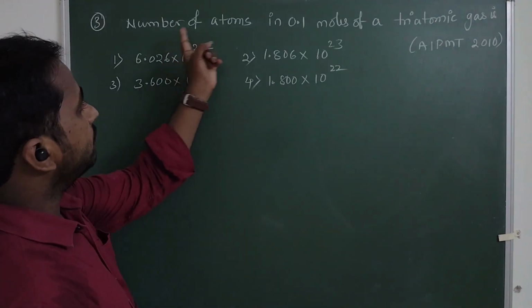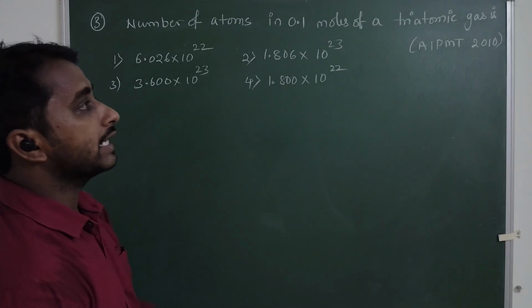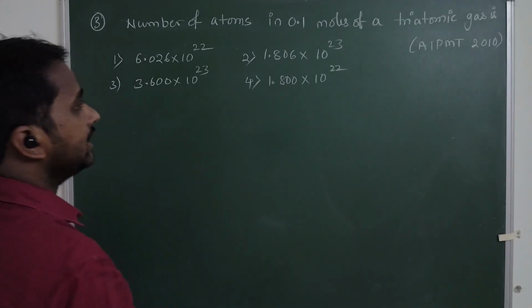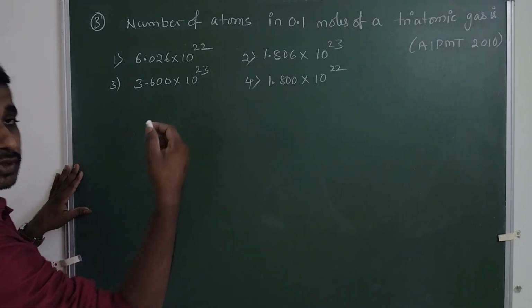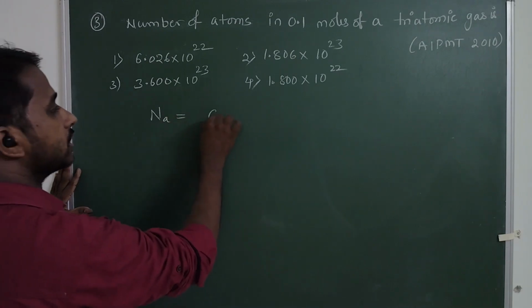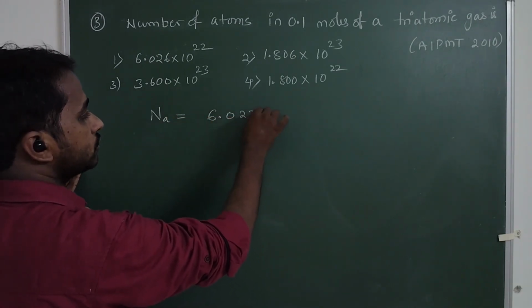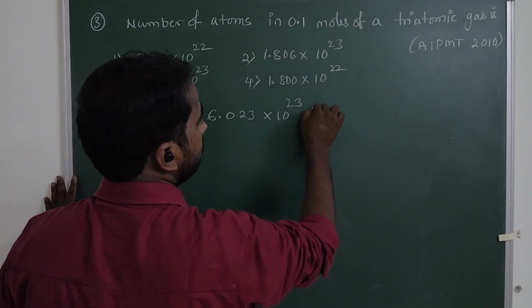Here the question is number of atoms present in 0.1 mole of a triatomic gas, and they are asking the number of atoms. Before going to calculate number of atoms, first of all you should know Avogadro number is equal to 6.023 into 10 power 23 particles.